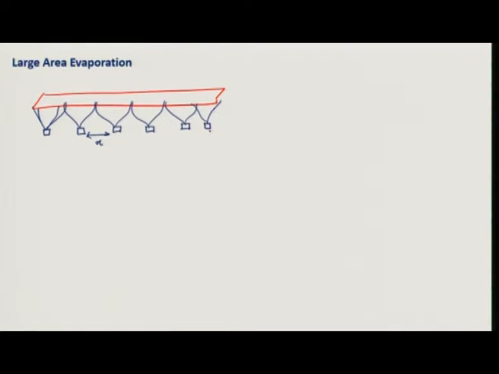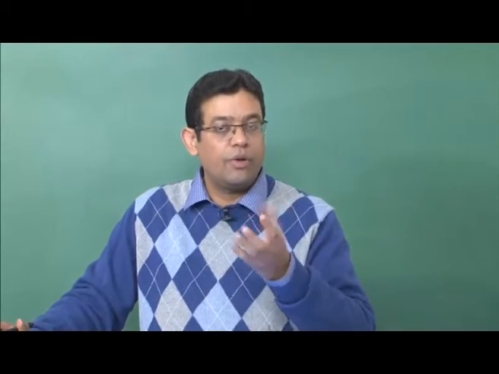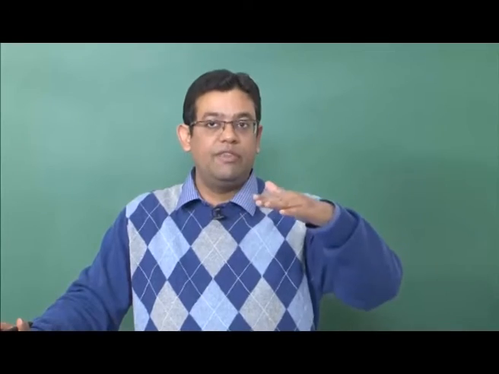Or you can also similarly use a linear array of electron beam sources. Okay. So, this is your linear array of thermal or E-beam sources. Okay. Now, remember, these crucibles are small in size because you do not want to heat too much material, because your evaporation is only happening from the surface.